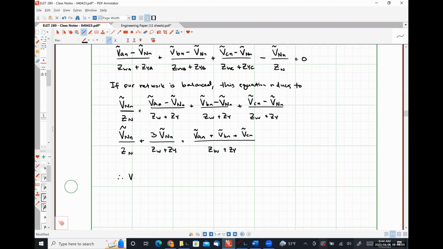One more algebraic step here. I'm going to factor out that term of VNN so that I have 1 over ZN plus 3 over ZW plus ZY is equal to VAN plus VBN plus VCN divided by ZW plus ZY.